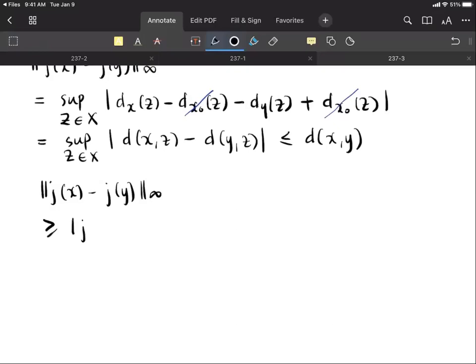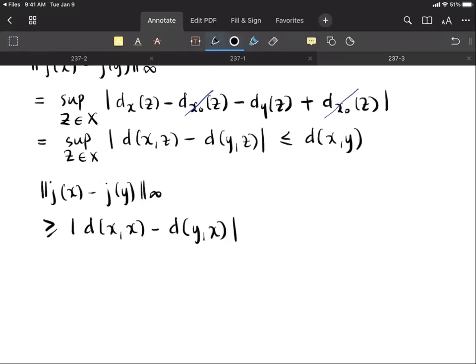Following the computation here until here, since we have an equality, we end up with d of x, x minus d of y, x.